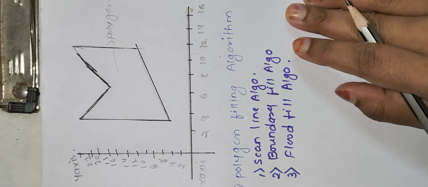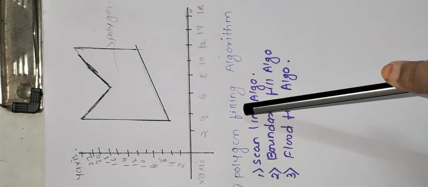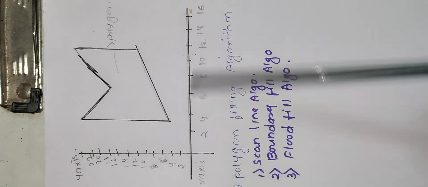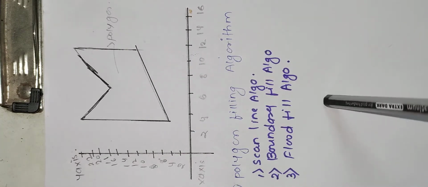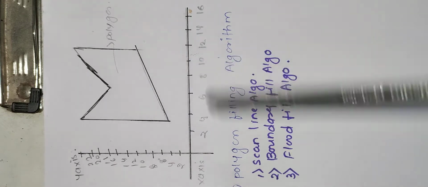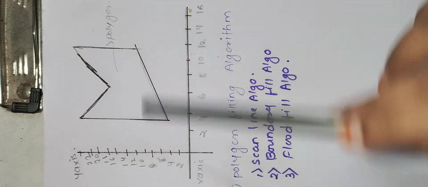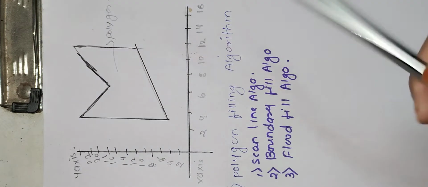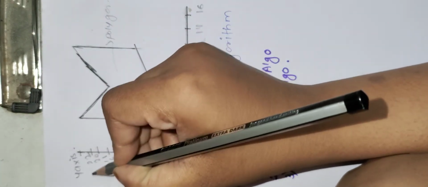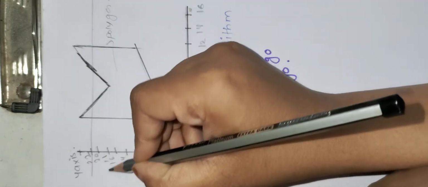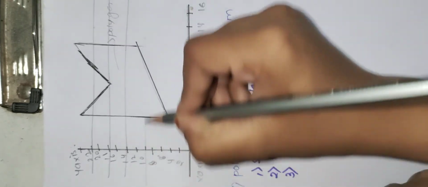Now what the scanline algorithm says is that we have to find the scan lines. How do we calculate scan lines? Basically the scanline algorithm is based on scan lines which intersect the polygon. So here some lines intersect the polygon: one line is going, then a second, third and fourth.